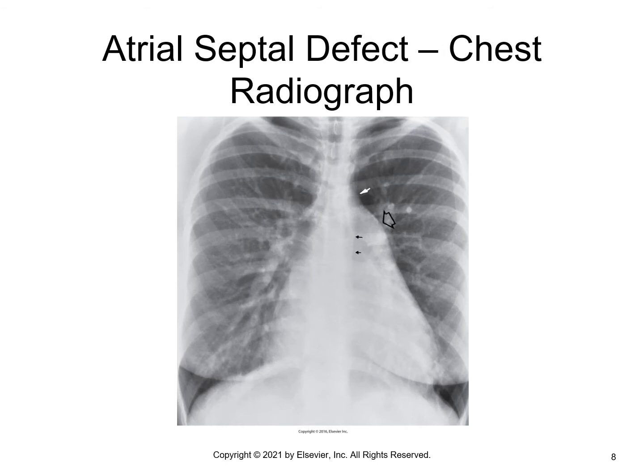Here we see a chest radiograph of a patient with an atrial septal defect, and you can see here on the right side of the mediastinum that there is some increase in radio opacity over here, indicating hypertrophy of the atria.